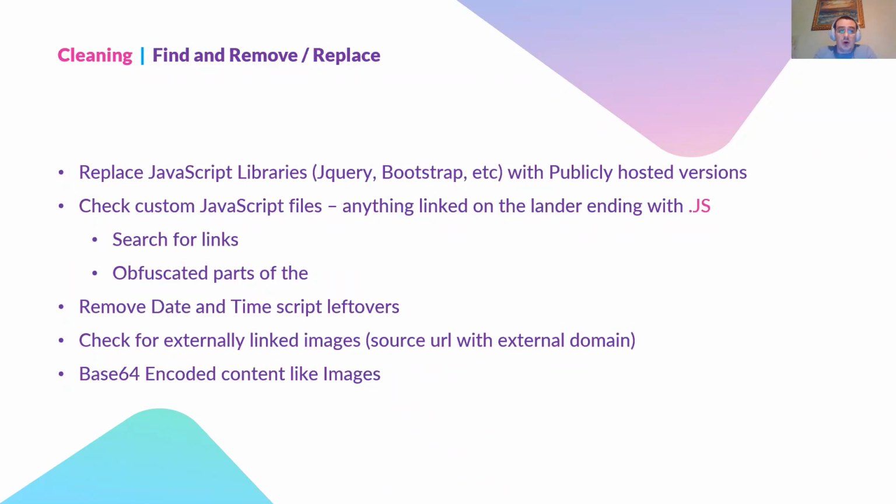Also, we need to always check any externally linked images, and that can be done quite easily when you see the code. You will notice that a specific image is linked to an external link, like the previous owner of the landing page. What we want to do is get that image and host it in our Lander directory, and change the path of that image to link to our own image.